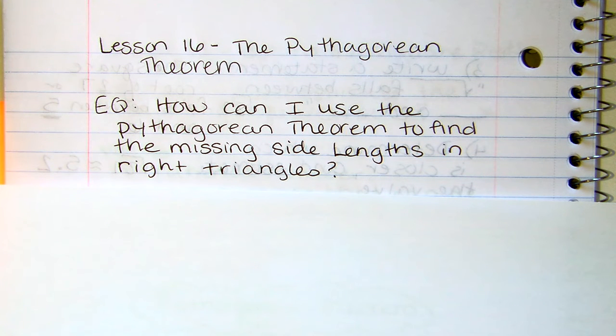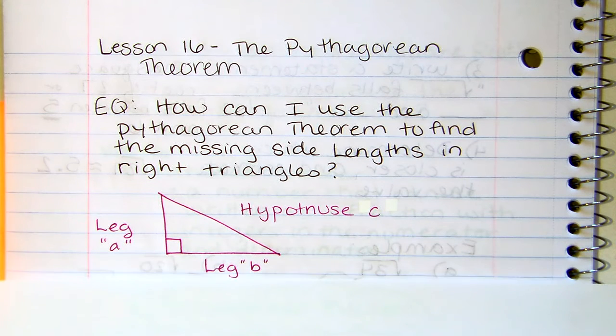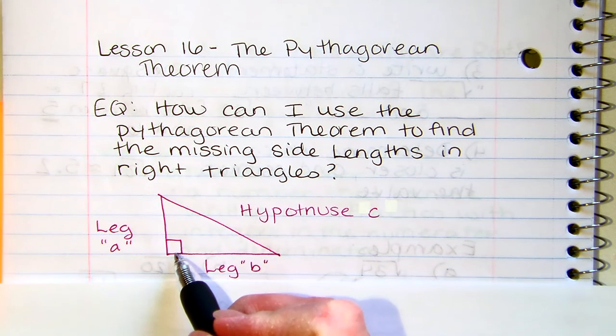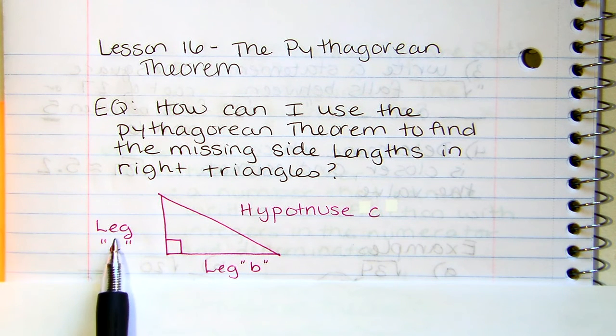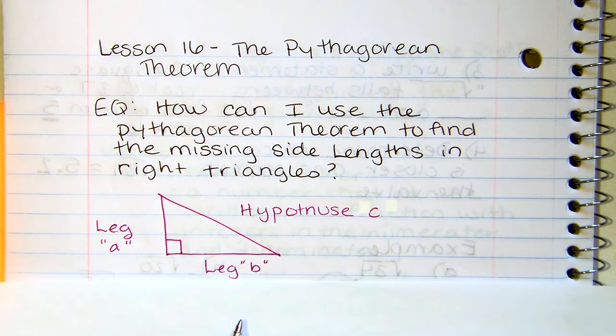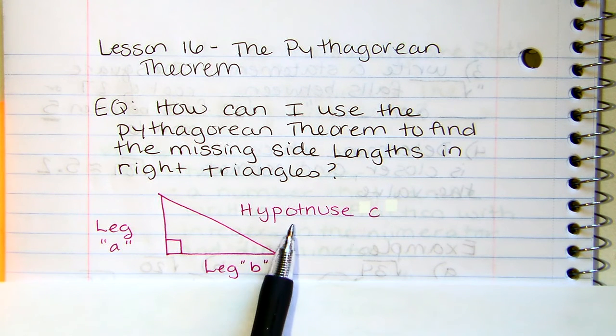Now, when we talk about a right triangle, we talk about a triangle that looks like this. We know it's a right triangle because of this box here. That's our 90-degree angle. And in a right triangle, we have a leg here, a leg here, and we have the hypotenuse.